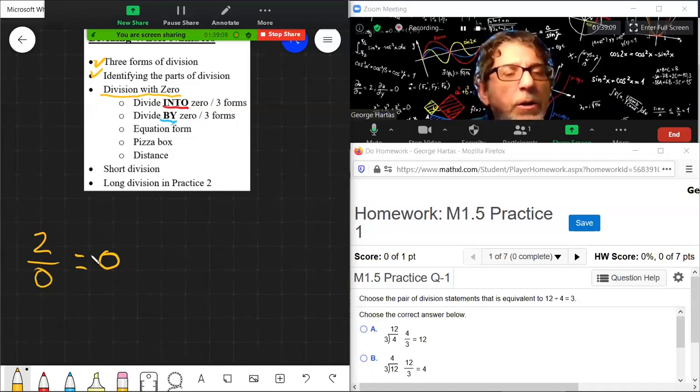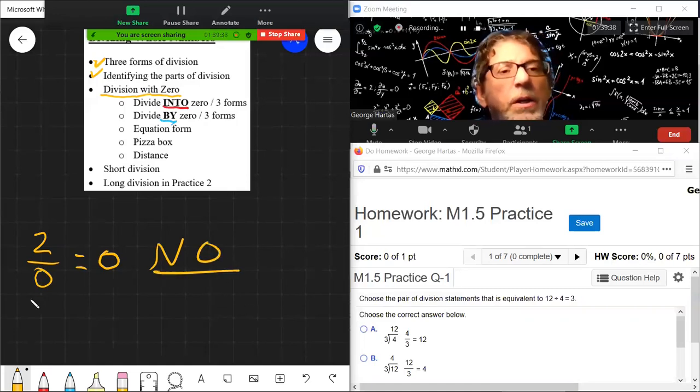And again, I don't know what the answer is. I forgot. I cannot remember if it's undefined or 0. So I'm going to put 0 here and see what happens. All right, so let me check. Let me multiply, see what I get. 0 times 0 is the answer 2? No, you say. Absolutely not.